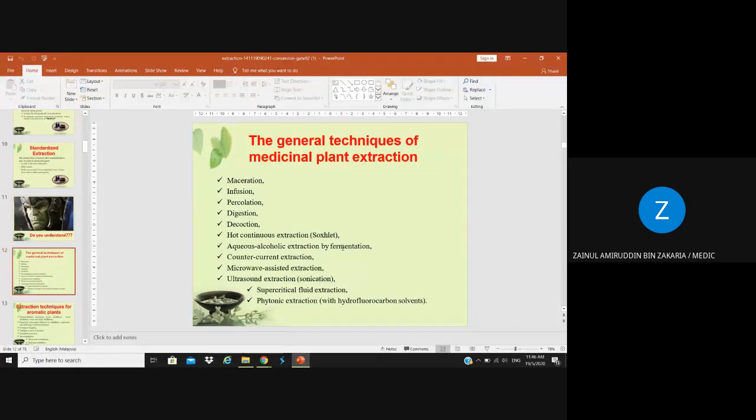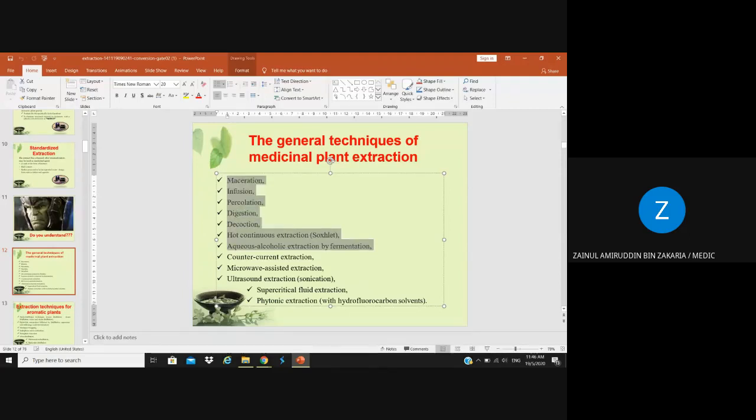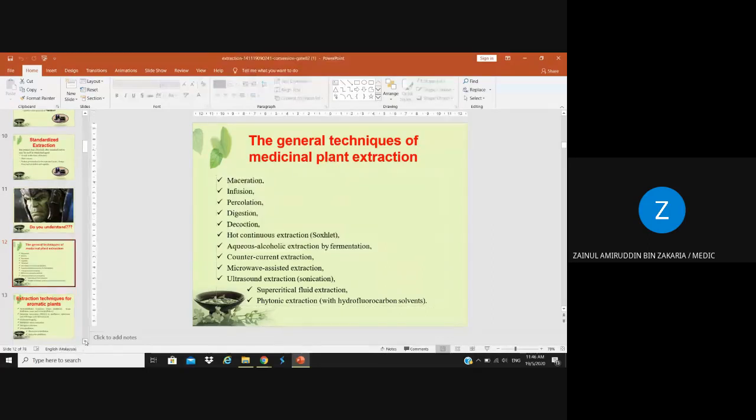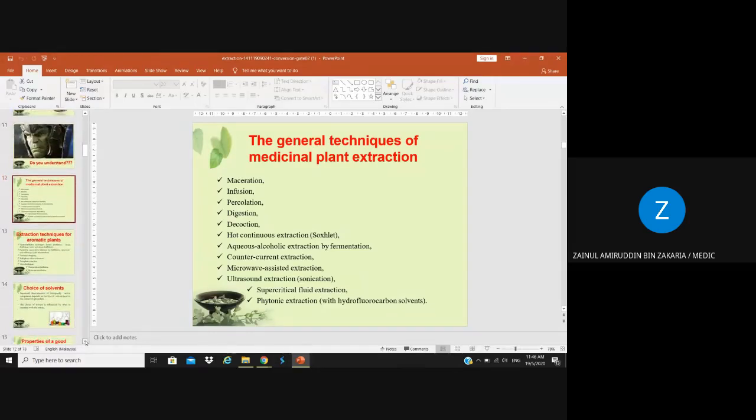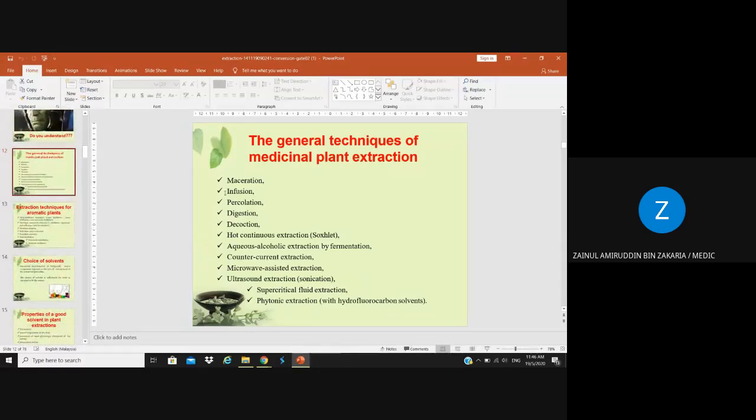But normally in our laboratory condition, we only use the traditional ways of preparing plant extract. As I told you, the different names are due to how you prepare the plants.